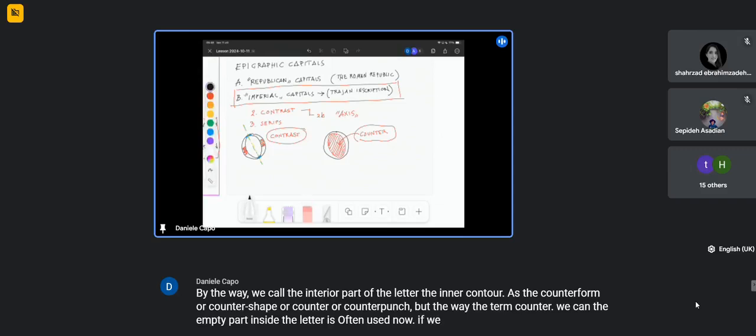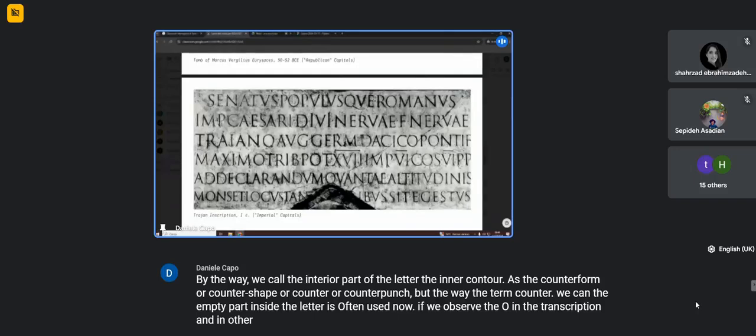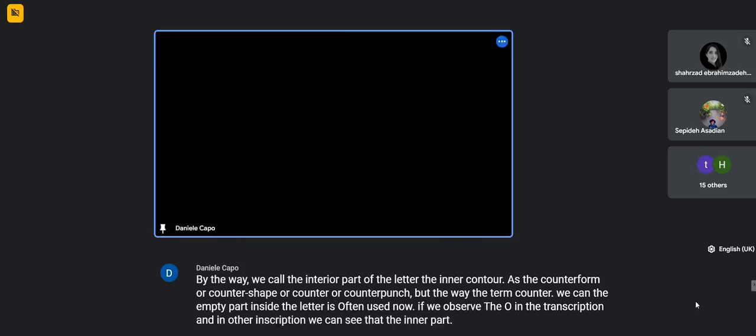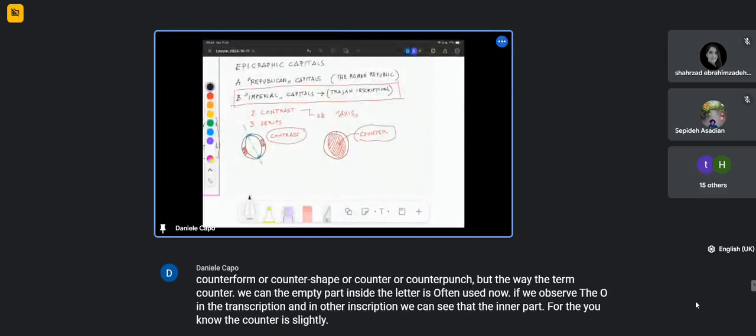Now, if we observe the O in the Trajan inscription and in other inscriptions, we can see that the inner part, the counter, is slightly rotated in a counterclockwise fashion.